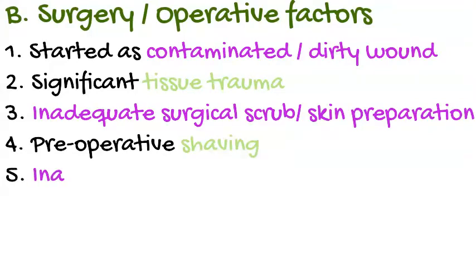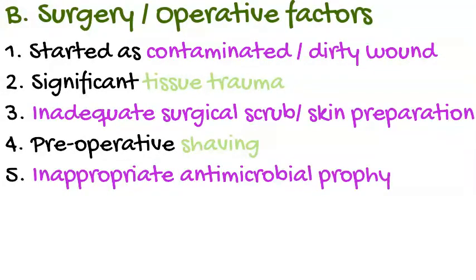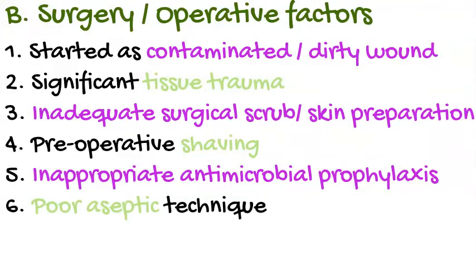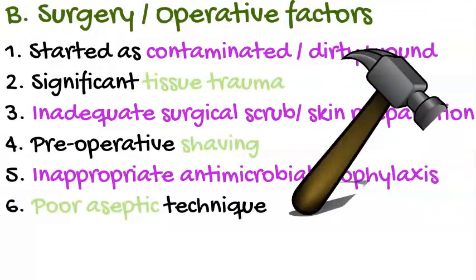Inadequate surgical scrub or skin preparation that leaves the commensal organisms on the skin to go through the open wound. 4. Preoperative shaving that leads to injury on the surface of the skin. 5. Inappropriate antimicrobial prophylaxis that does not properly cover the commensals. 6. Poor aseptic technique that leads to a breach in sterility.